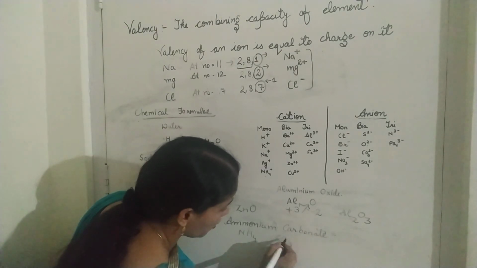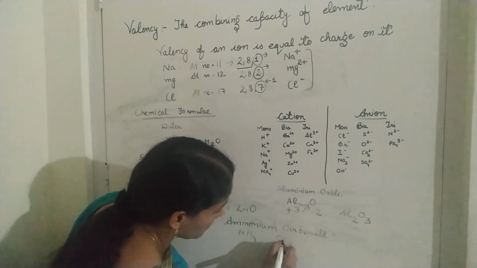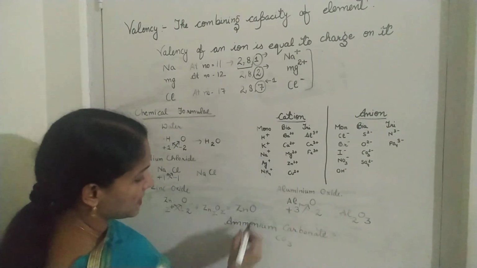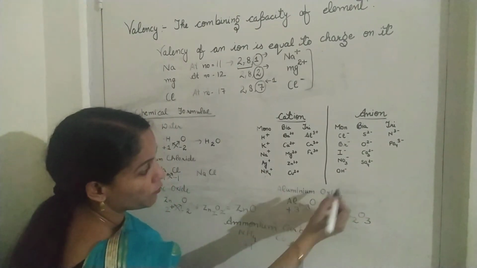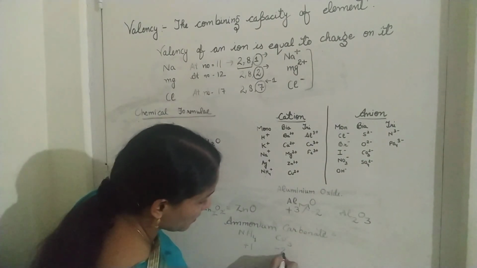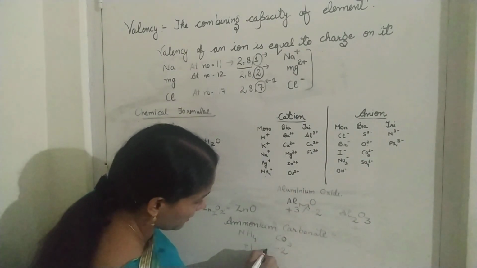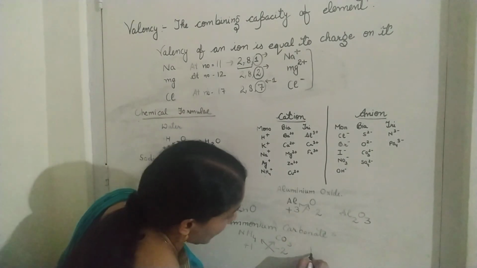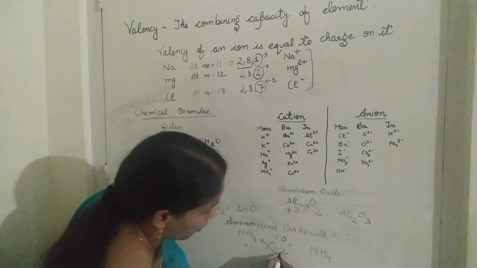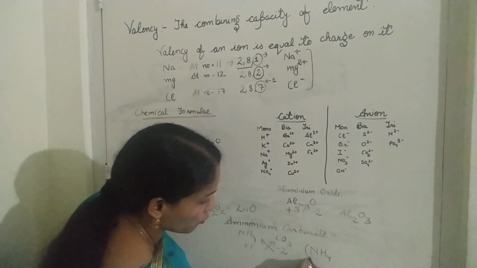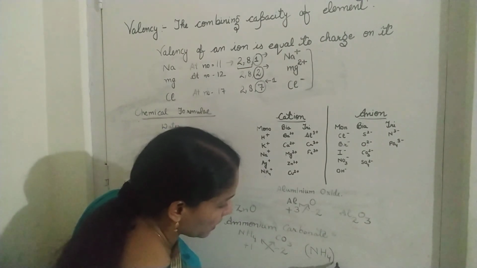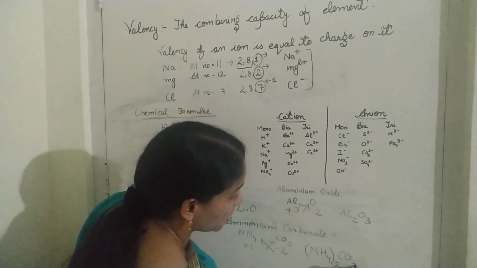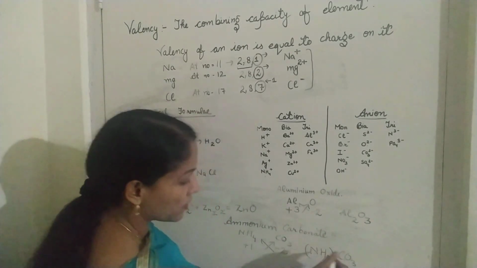What is the valency of ammonium? Valency is +1, and for carbonate it is 2. Do crisscross here. On crisscrossing, we get NH4. The valency of the second one is 2, so you have to write NH4 in a bracket, then write 2. Then CO3. Only one is here, so you write it like this.